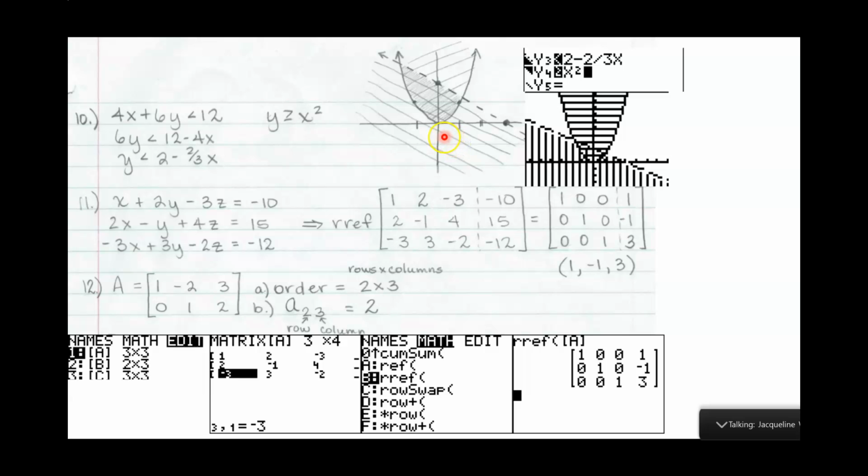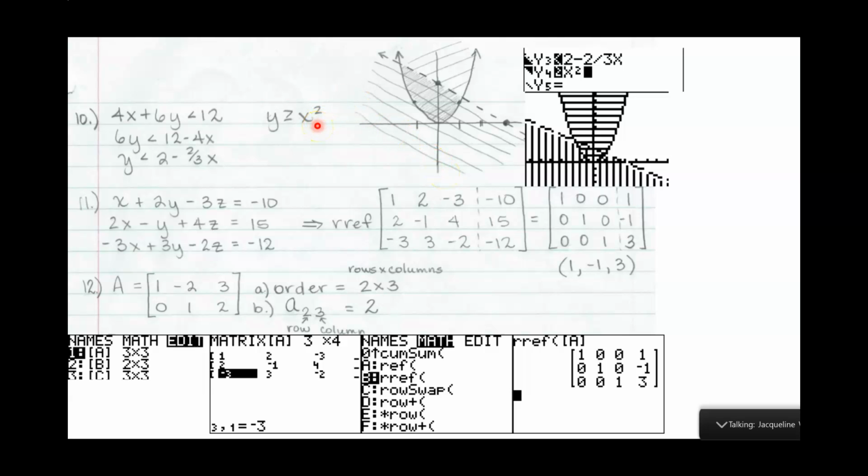Okay, so I'm going to use the point 0, 0. So if I plug in 0, 0, I get 0 plus 0 is less than 12. 0 is less than 12. That's a true statement. So that lets me know, hey, that's a solution. So every point on this side is going to be a solution. So you'll notice that I shaded on this side for my line. All right, now let's go check the parabola.